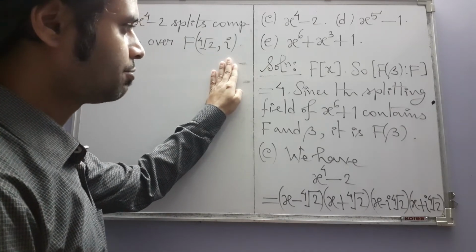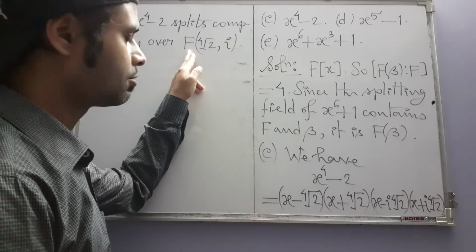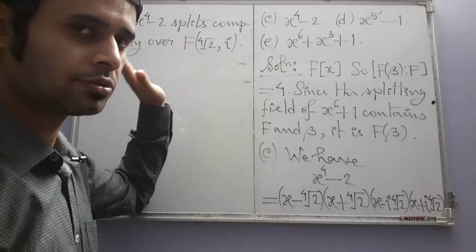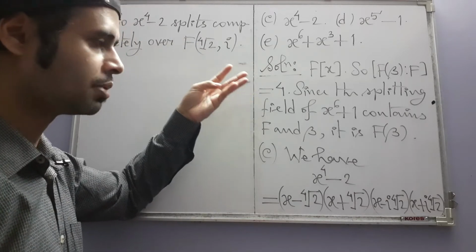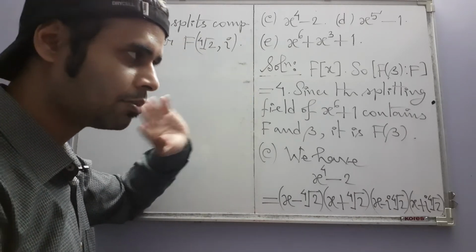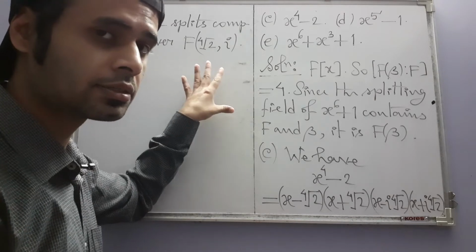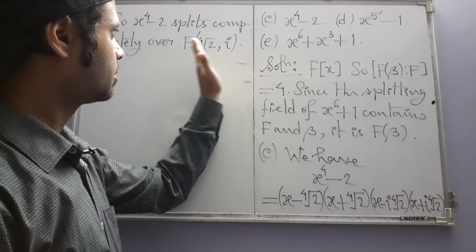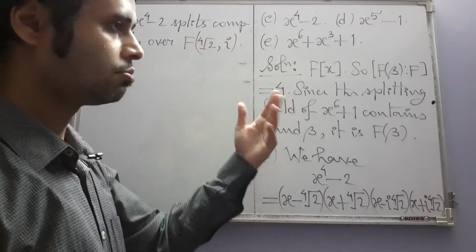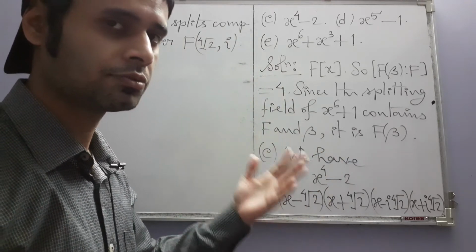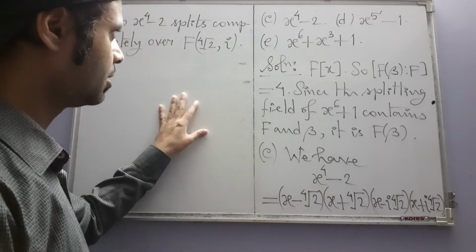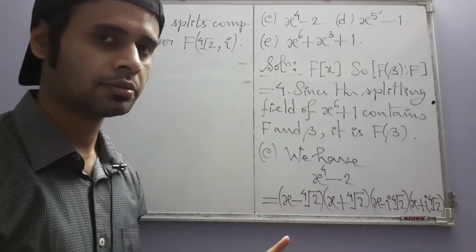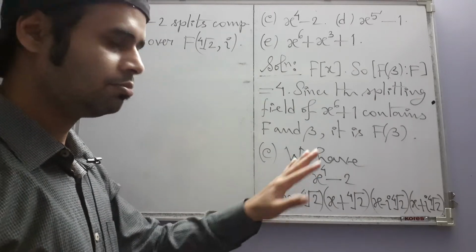In fact, if you are over a field of characteristic 0, like the field of rational numbers, real numbers, complex numbers, all the familiar fields, then any such extension which you obtain by attaching a number of elements to the original field can also be obtained by attaching a single element. We will see these things.